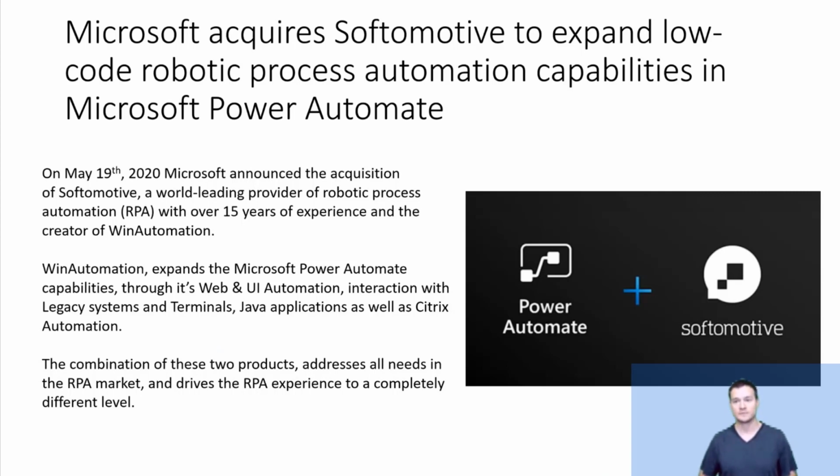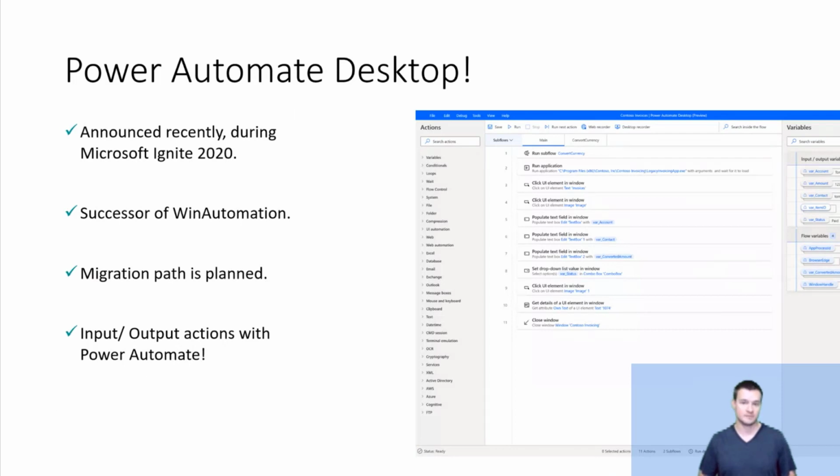And today, I mean, at this year's Ignite, one year has passed, and Microsoft is now ready to announce that Power Automate Desktop is available. This is the successor of Win Automation. It looks very similar to what Win Automation looked like and has nearly the same functionalities.